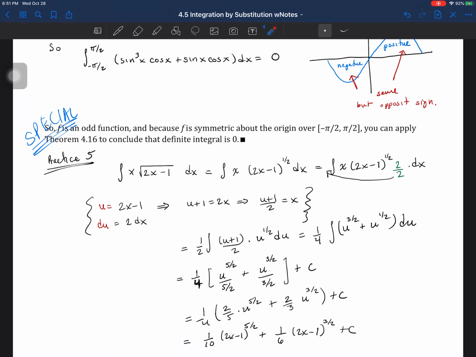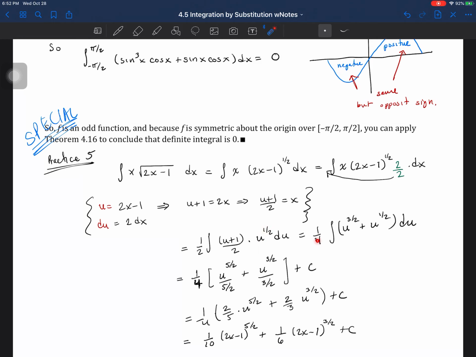Now we have a new problem, but you guys are thinking, wait, that doesn't make this easier. It kind of does, because now this is a single value that we can actually distribute. The 2 can be moved outside and multiplied by the 1/2, sorry, so that gives us 1/4. When you multiply u times u to the 1/2, that gives you u to the 3/2. When you multiply u to the 1/2 times 1, it gives you u to the 1/2.